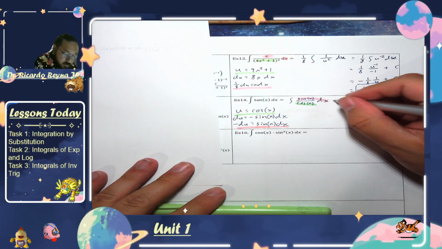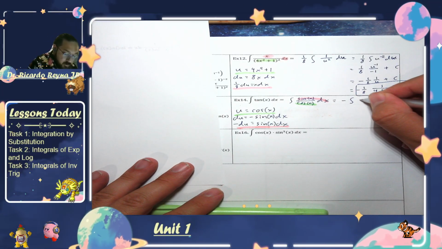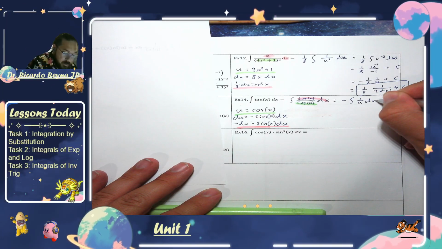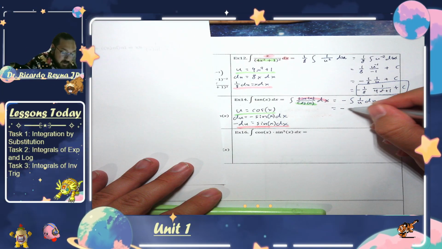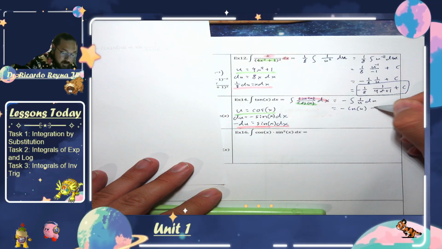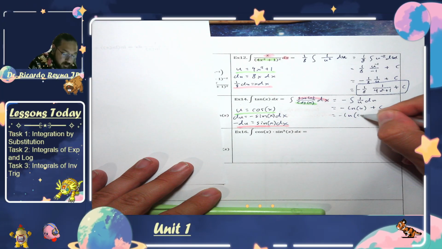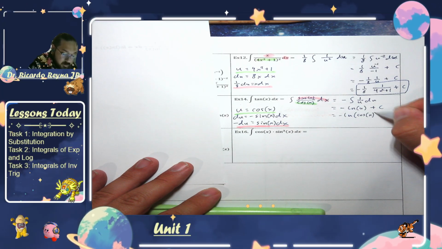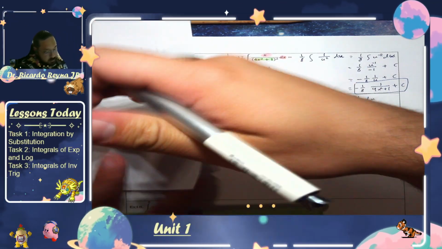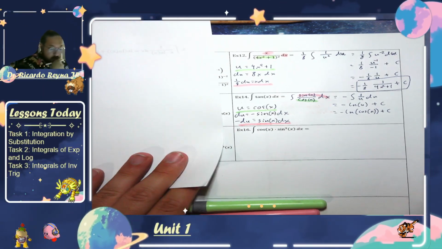So you have negative integral 1 over u du. That's just negative ln of u plus a constant, and then you plug back in u, negative ln of cosine of x plus c. All right, very good.